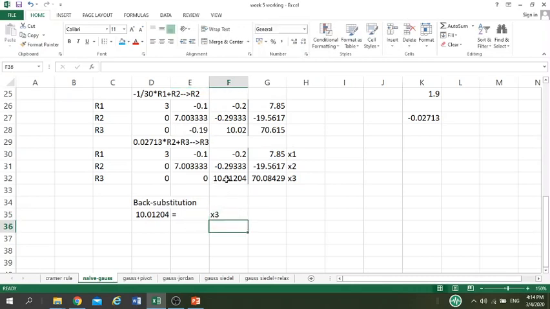So take directly the final value here, because the other cells are 0, so this is the only number that we have.